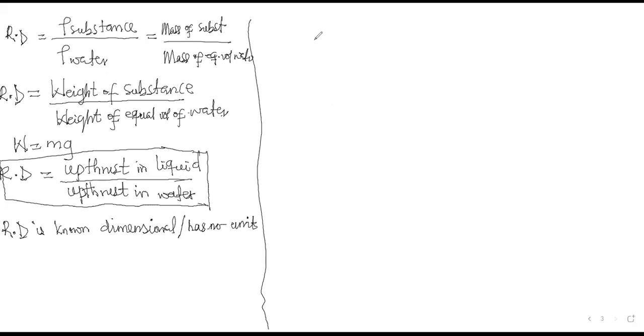We can determine the relative density of a substance.